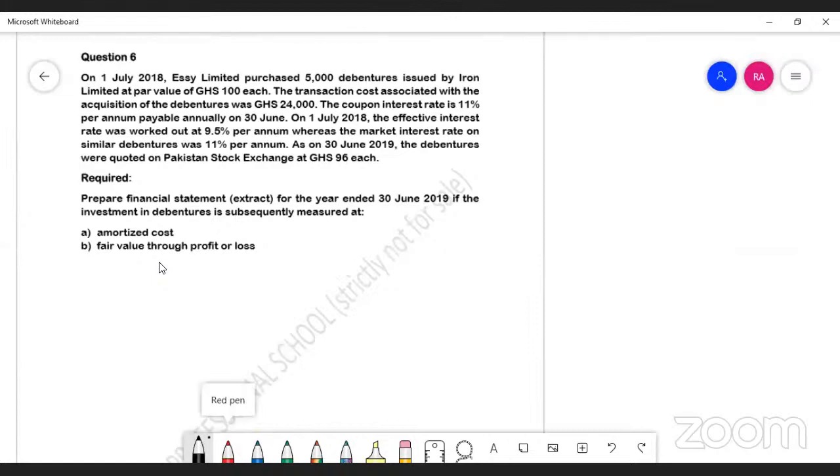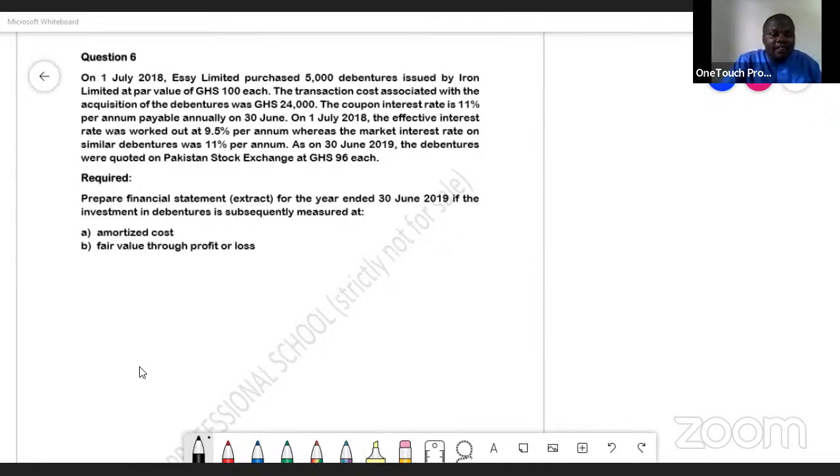On 1st July 2018, AC Limited purchased 5,000 debentures issued by Ion Limited at par value of 100 cedis each. It means that the face value is 5,000 times 100.